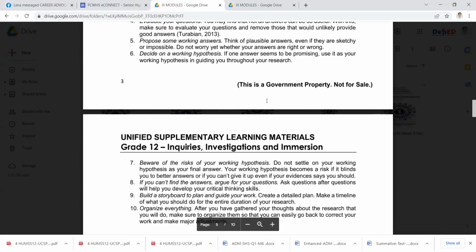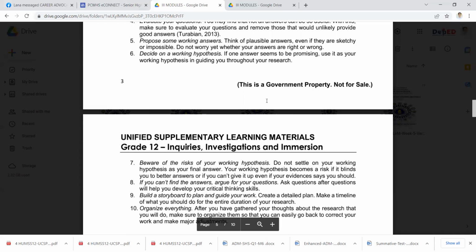Acquire it with a thorough review. Okay? So a good question should have a good answer, but a bad or inappropriate question may lead to an incorrect answer.